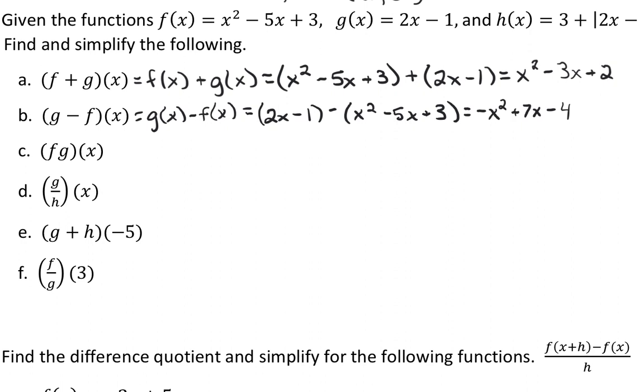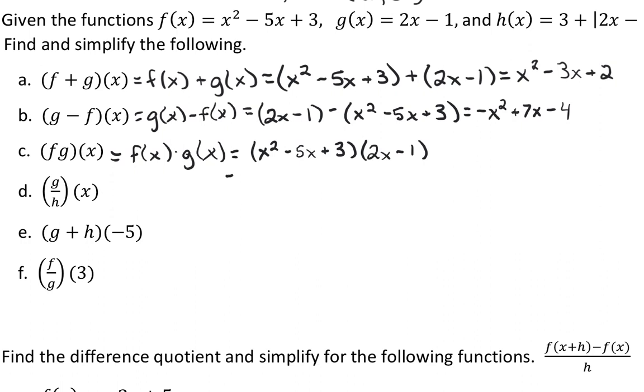Part C, this can be rewritten as f of x times g of x. And so for this one, we have x squared minus 5x plus 3 times 2x minus 1. For this one, I'm going to show you work.